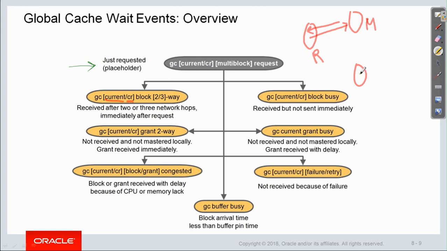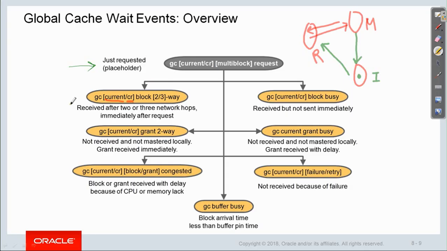However, suppose the block that I requested is not in the master instance. I have another instance here. So I can get the block by going through the instance that currently holds the requested block. Then we have to work with three instances: the requesting instance, the master instance, and the instance that currently holds the requested block. So this is a three-way communication.